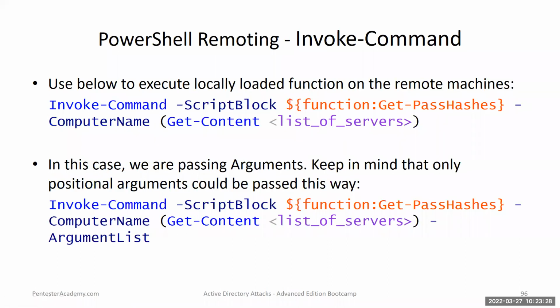You can also run locally loaded functions on remote machines. The idea remains the same. The code is read from the function store, converted to a base64 encoded block, and then executed on the remote machines. You can also pass positional arguments. That is, if you want to pass arguments to this function, you can do that as well.